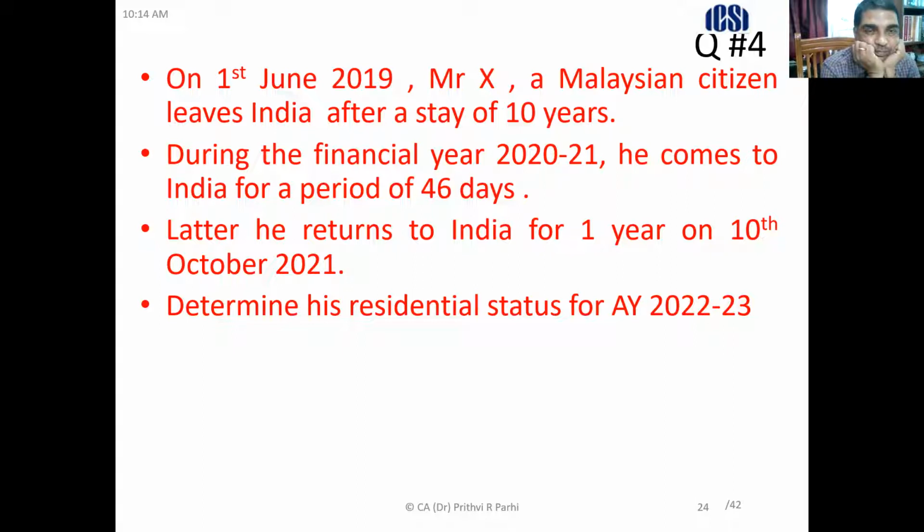Later, he returns to India for 1 year on 10th October 2021. Determine his residential status for 22-23. Can you tell me? This question has been taken from an example.